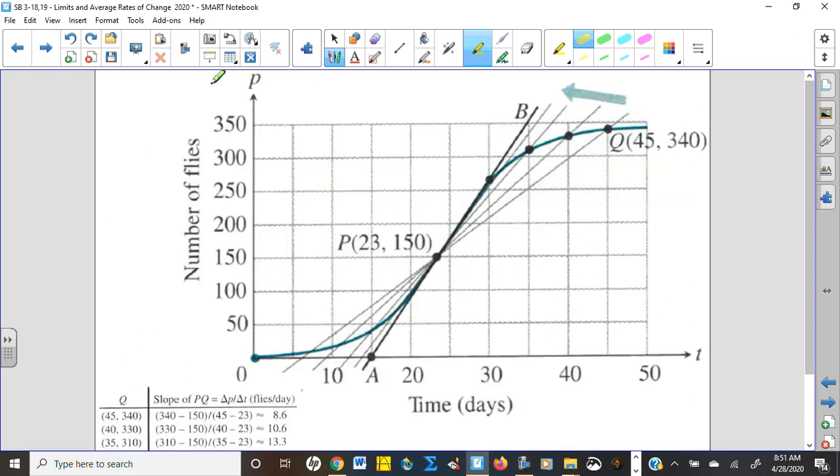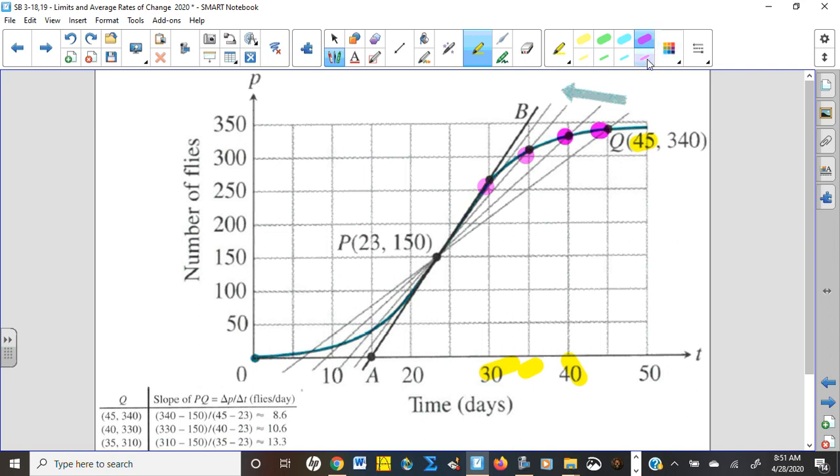here's a larger picture of this, and you can see the different slopes that are being pushed back as we go from 45, to 40, to 35, to 30, as these points are pushed back along the curve. We get slightly different slopes.